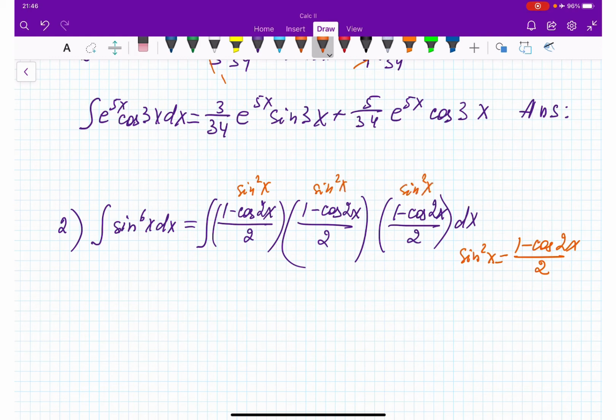So together we're going to get sine to the power 6x, right? All right, now what am I going to do? I'm going to multiply them by each other, and this is what I'm going to get.